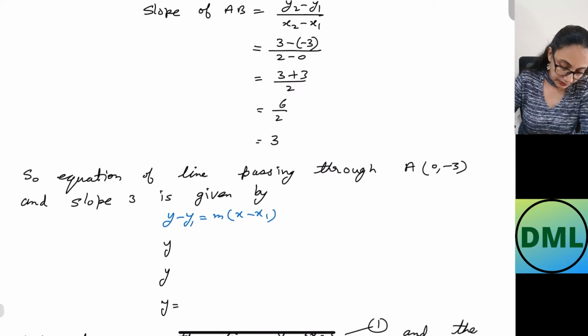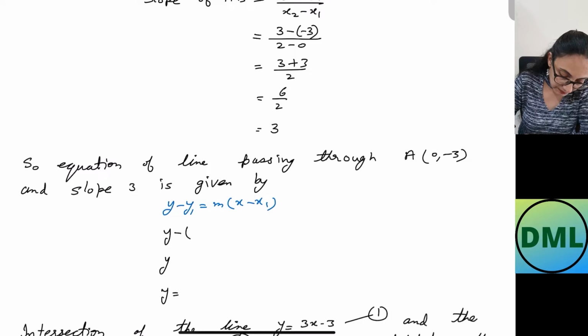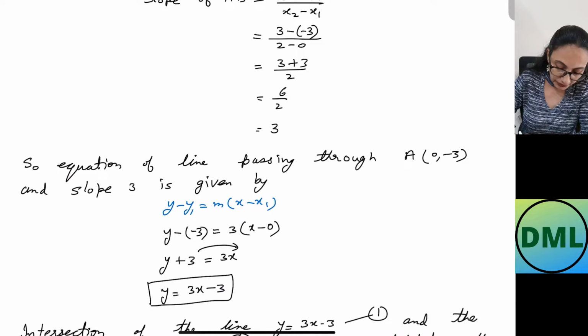Now the equation of the line passing through A (0, -3) with slope 3 is y minus y1, where y1 is minus 3, equals m times (x minus x1), so y plus 3 is equal to 3x. Moving the 3 to the right-hand side, it will be 3x minus 3. That will be the equation of the line.